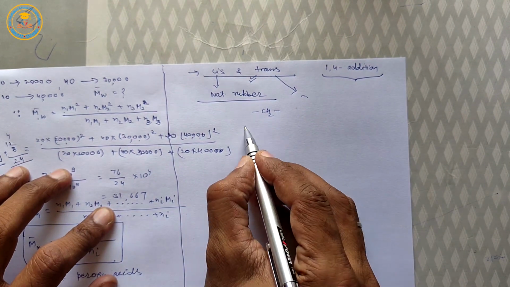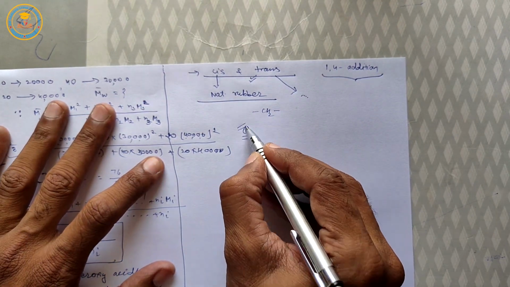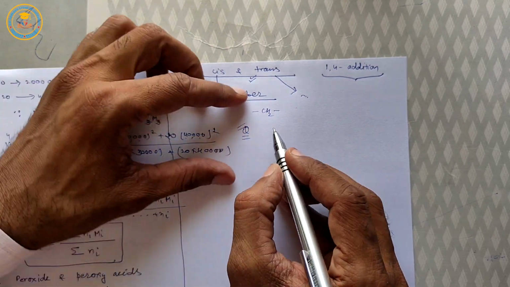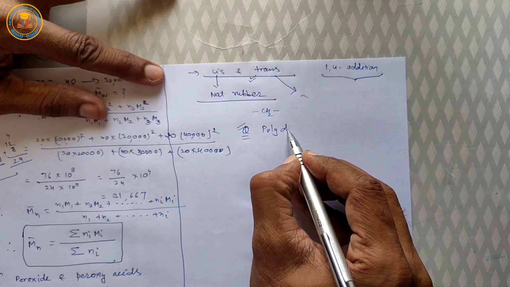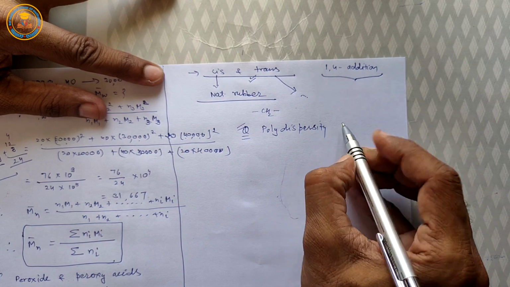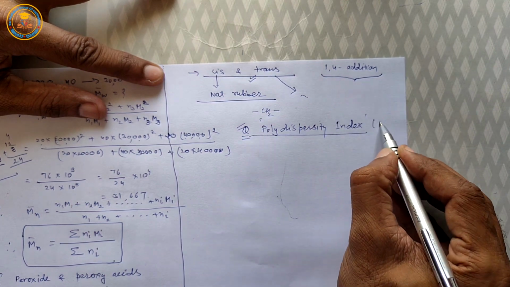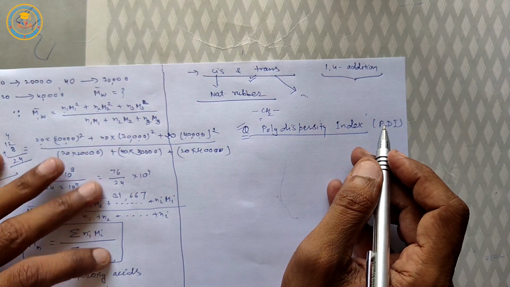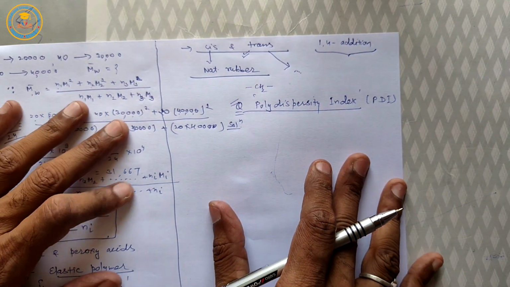Now we take a question for exercise, very important question. Write a short note on polydispersity index, or PDI in short form. Solution is, very important question for your board examination.